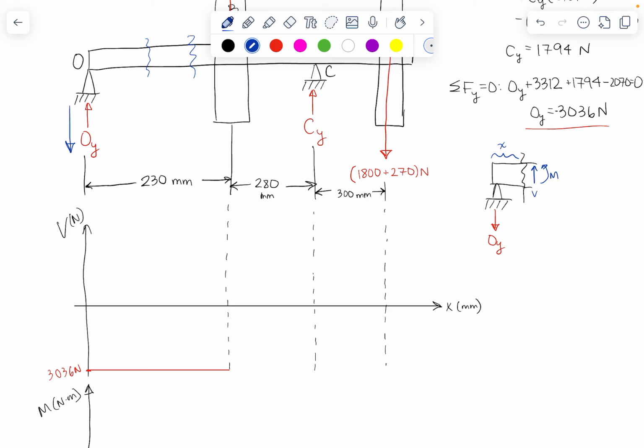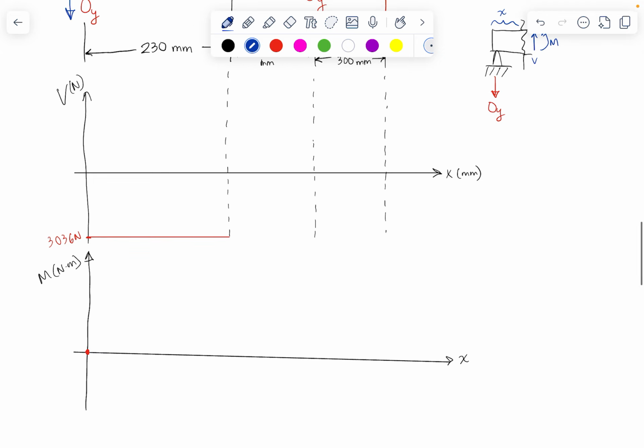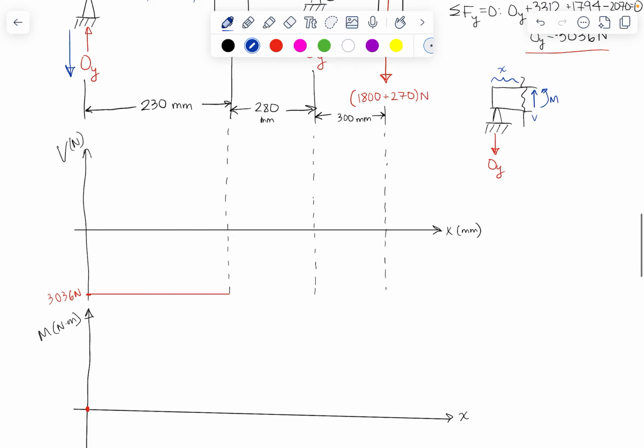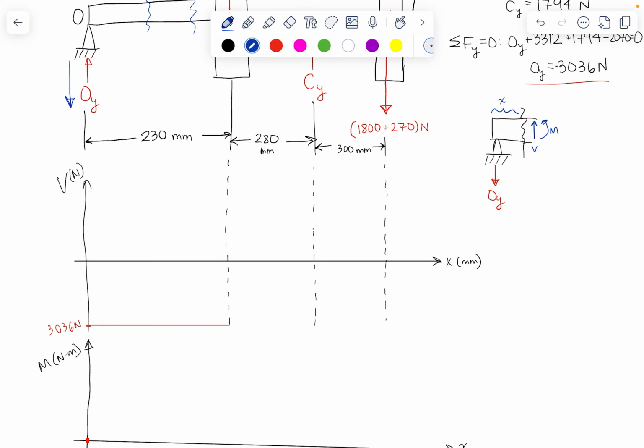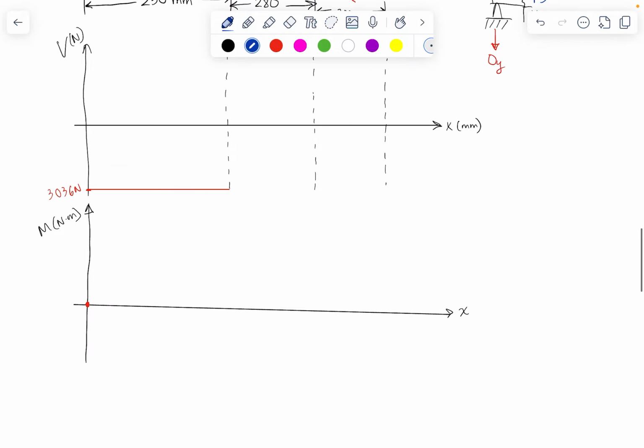So the moment is going to be steadily increasing as we move from point O over to pulley B. And I say increasing, it's increasing in magnitude, but because the direction is facing downwards, we're actually developing a negative moment. Make this a little bit bigger down here and drag down my dotted lines.